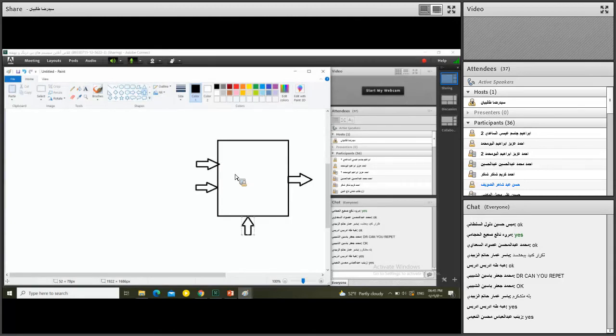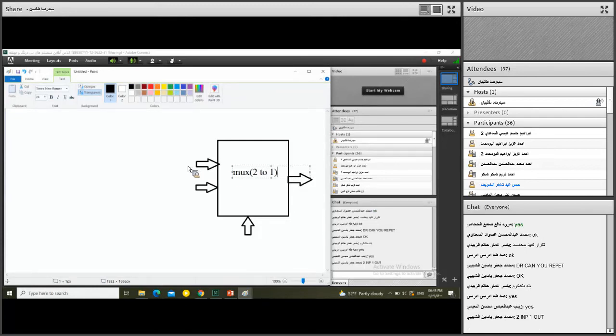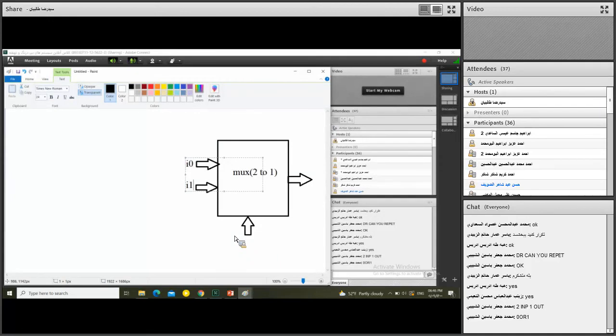This is a multiplexer, multiplexer 2 to 1. It means that this multiplexer has 2 inputs and 1 output, and we must select one of the inputs by another input, and we call this the select input. Here we have, for example, input 0, I0, and another input, I1. Another input, 3 inputs really, and 1 output.